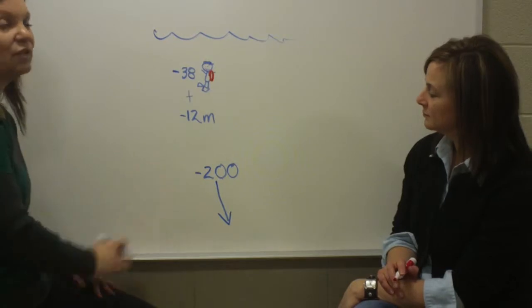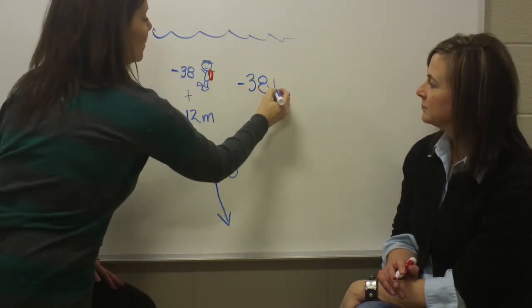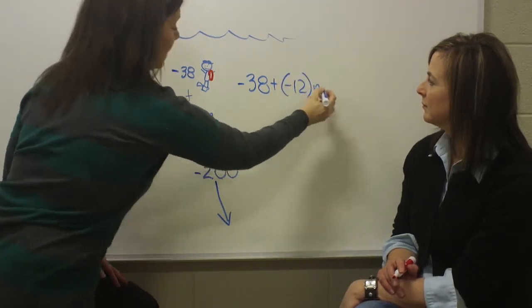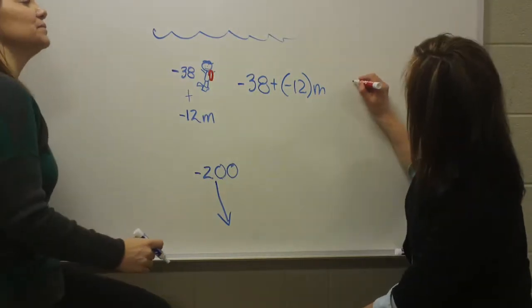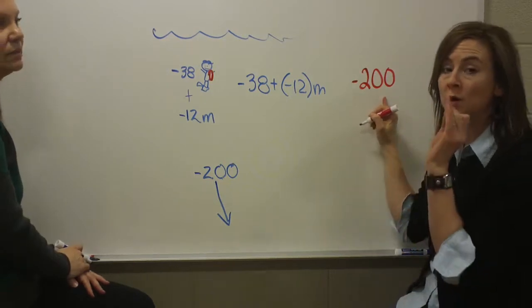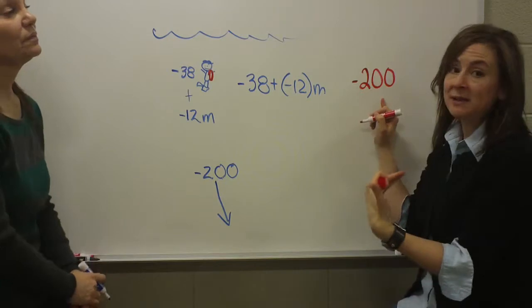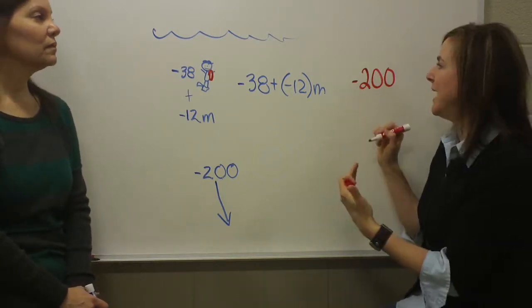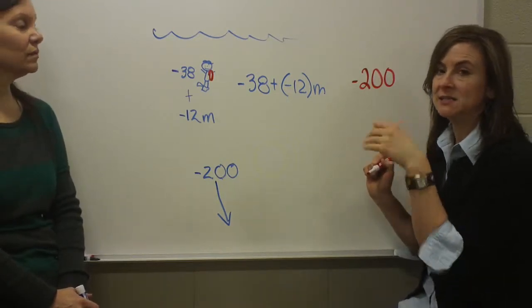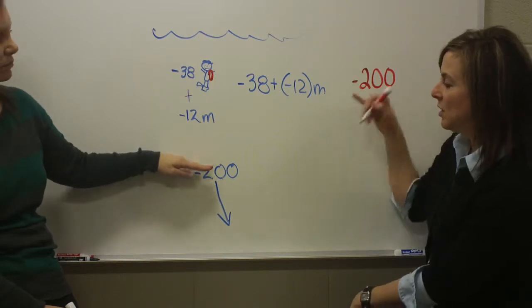Writing it across so it looks like our equation, we're going to start at negative 38. We are going to be adding on negative 12 feet per minute. And then we know that we are dealing with a depth of 200 or more. So let's think about what that means. I can't make this true if he's at negative 100 feet. It won't be true if he is at negative 199. It has to be this or deeper.